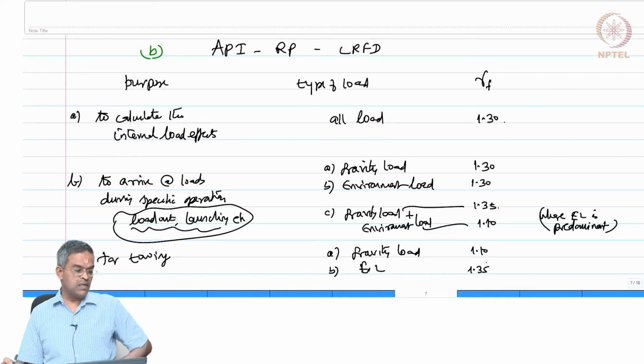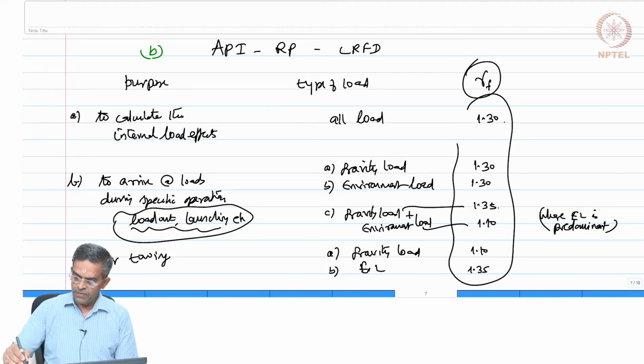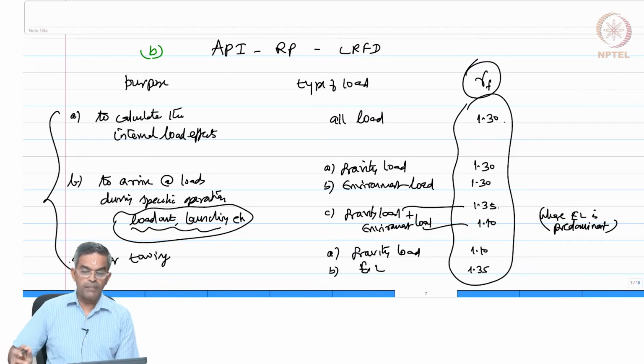So, friends, one can see here very clearly that gamma f is not a single number. It keeps on changing depending upon the combination, even depending upon the type of purpose what you want to compute the load.